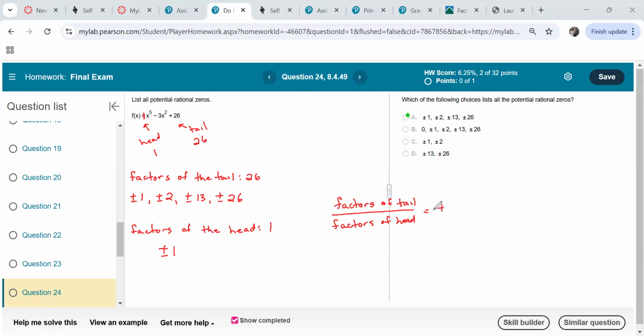So what I'd have is plus or minus 1 over 1, 2 over 1, 13 over 1, and 26 over 1, which simplifies down to just plus or minus 1, plus or minus 2, plus or minus 13, and plus or minus 26.